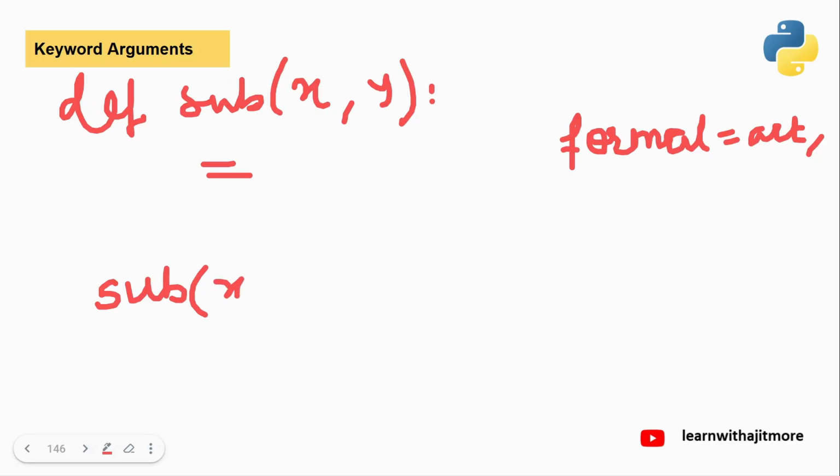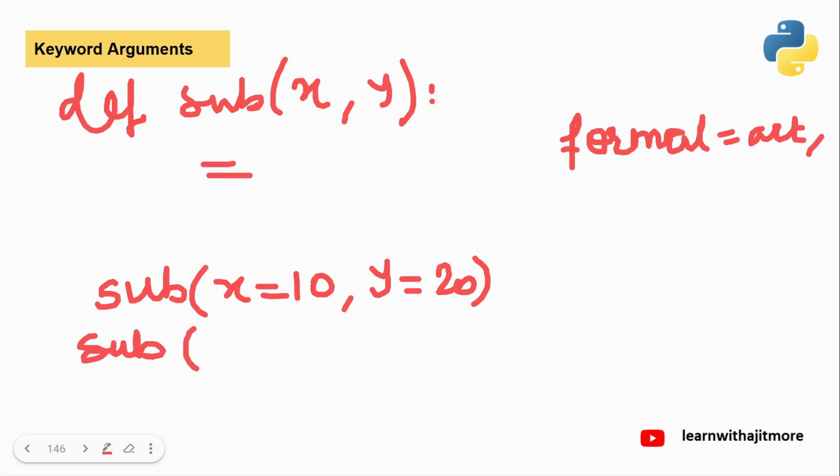So here if I give X equal to 10, like this you have to give Y equal to 20. Get it? And suppose I'm calling the same function with the same values, only the order I've written Y equal to 20 and X equal to 10.